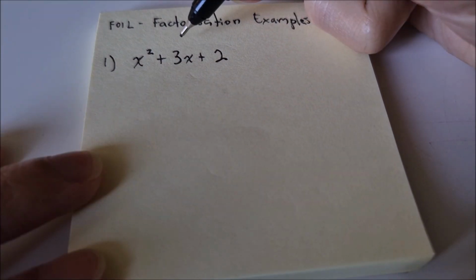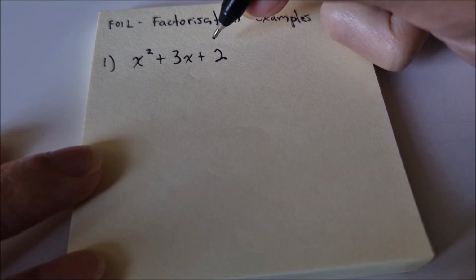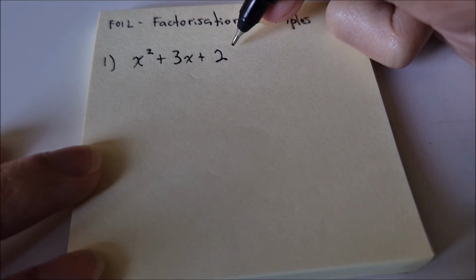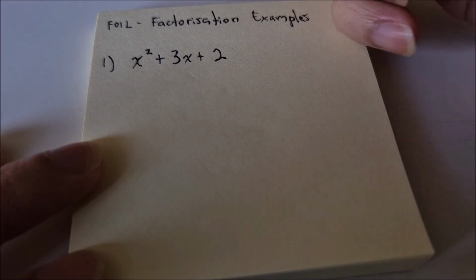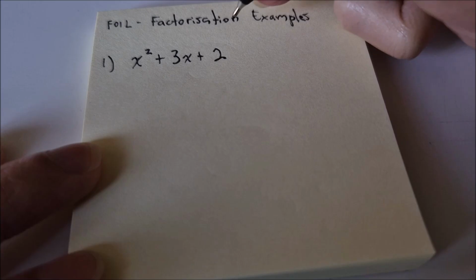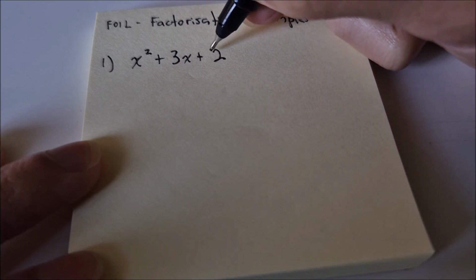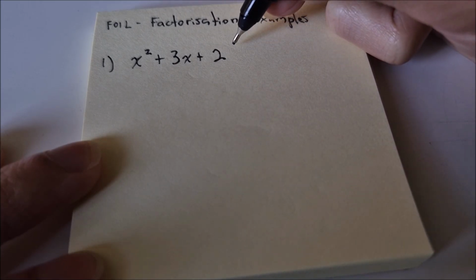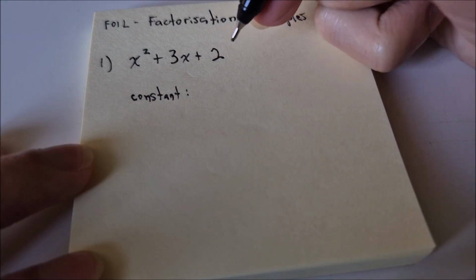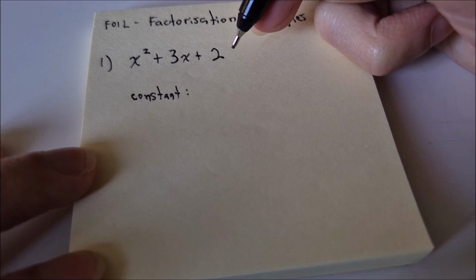So for this one, we know that the numbers will have to add to 3, and they'll have to multiply to get 2. The easiest way of getting all the possible numbers would be to look at the factors of the constant. What are two numbers that multiply to get 2?